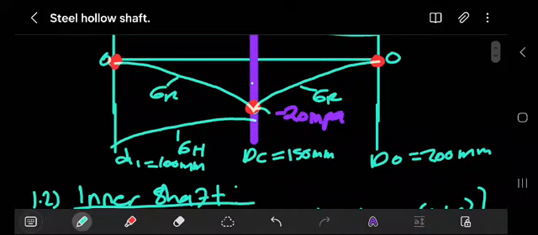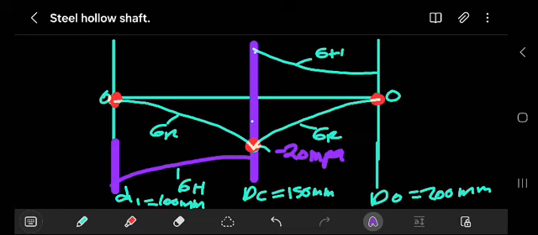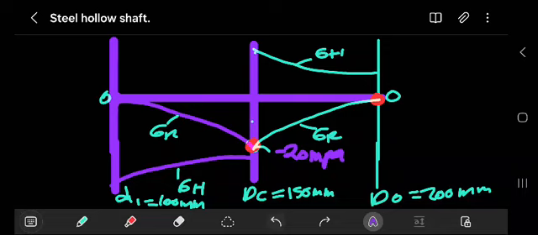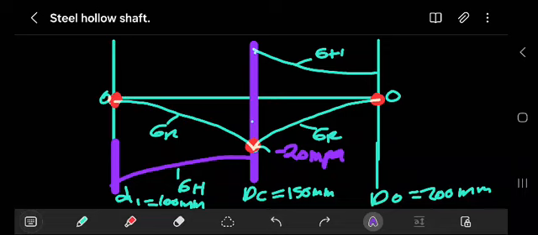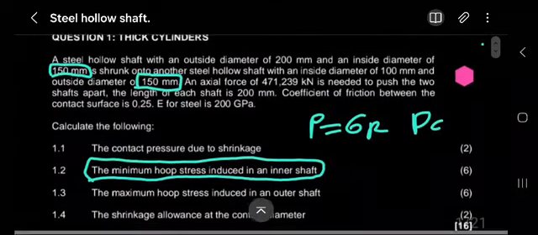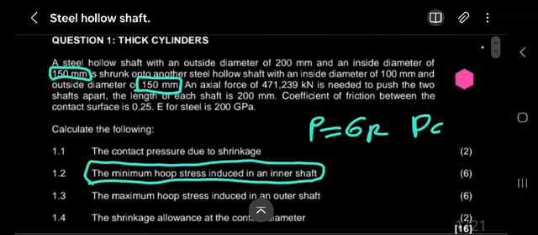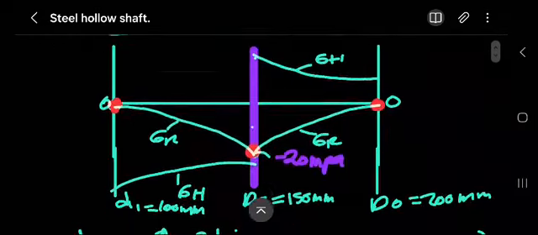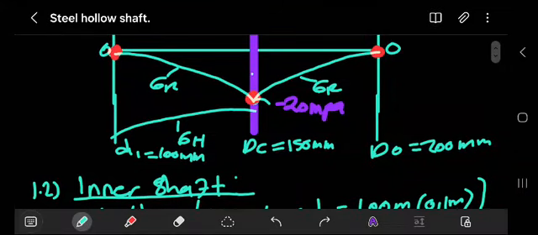It's here. We'd better check the graph below. They want the minimum hoop stress induced in the inner shaft. Minimum will be here at 100.